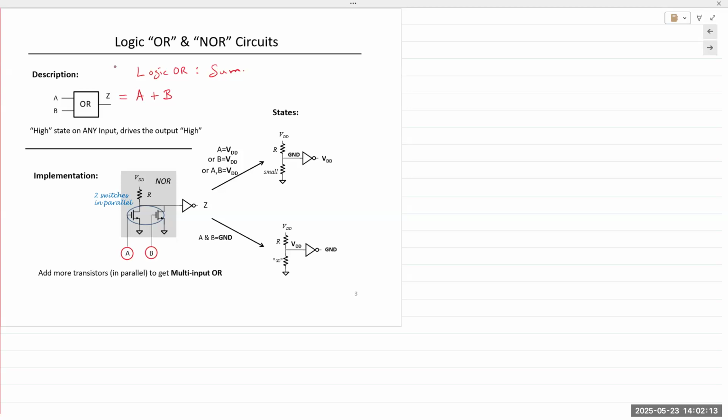The drains of both transistors are connected together, and the output here would be inverted. So by default, we obtain a NOR output, right? A NOR output. So let me just write it as Z bar.